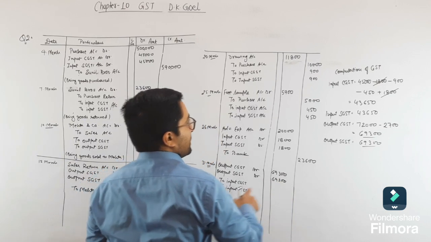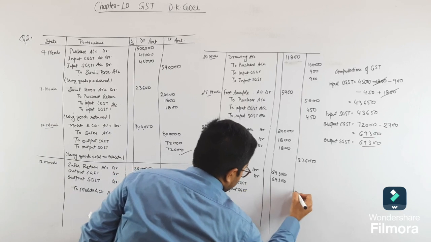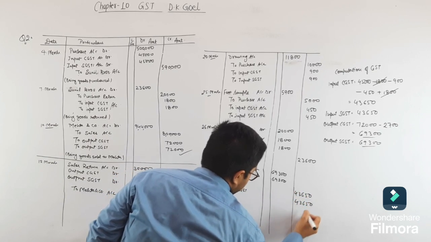You have the asset of input 43650, 43650.